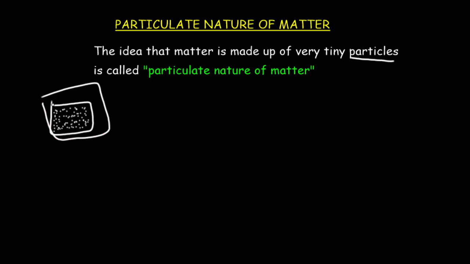All right. And so the idea that matter is composed or made up of very tiny particles is what you call the particulate nature of matter. So the particulate nature of matter is defined as the idea that matter is made up of very tiny particles.